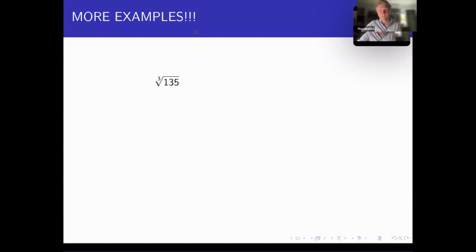Okay, some other weird examples. Cube root of 135. Well, 135 is not a perfect cube root like 64 or 8 or 27. However, we can split up 135 to have one factor that is a perfect cube root. Think about when we were doing square root of 72 earlier. We changed 72 to 36 times 2 because 36 is a perfect square root.